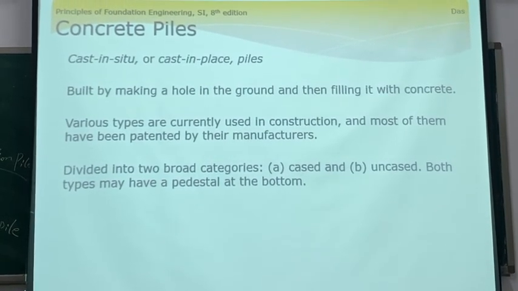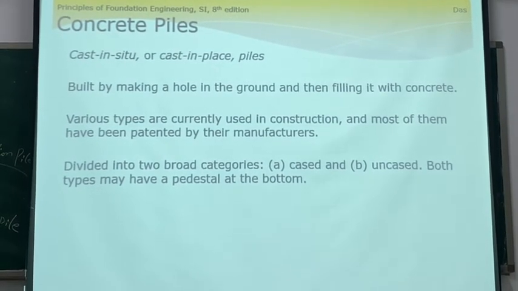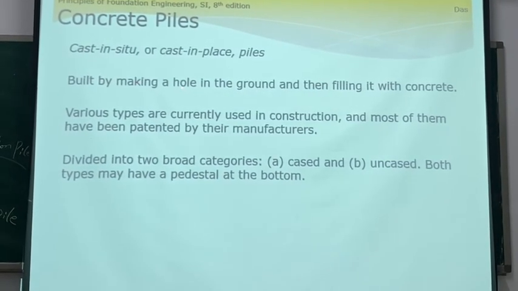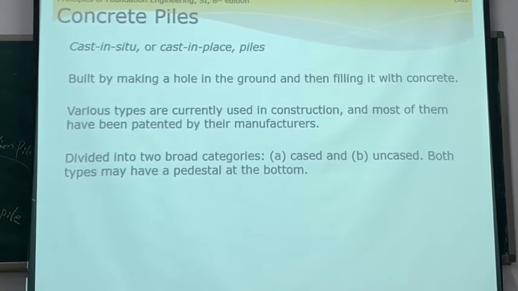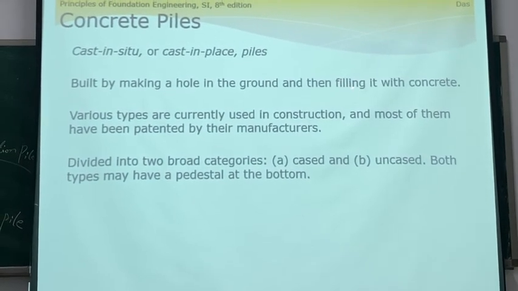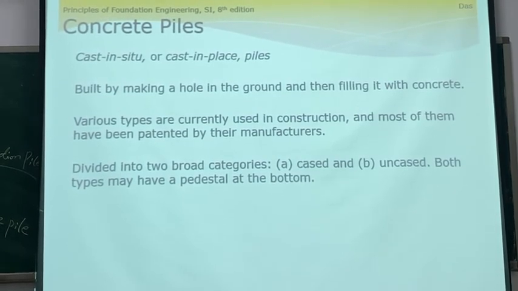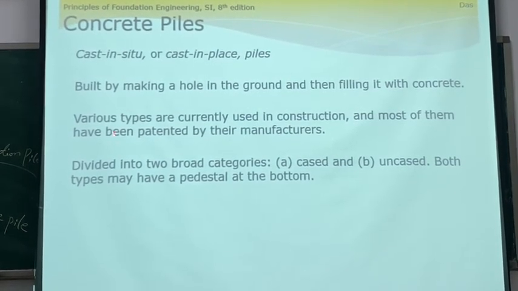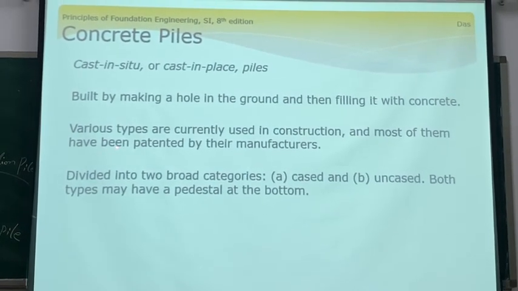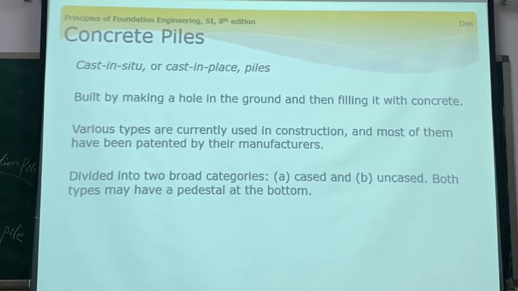Second type of the concrete pile is the cast in-situ or cast in place pile. Cast in place piles are built by making a hole, driving a hole in the ground, and filling it with concrete and steel. Various types are commonly used in construction, and most of them have been patented by their manufacturers.